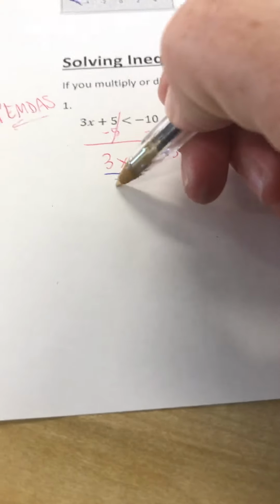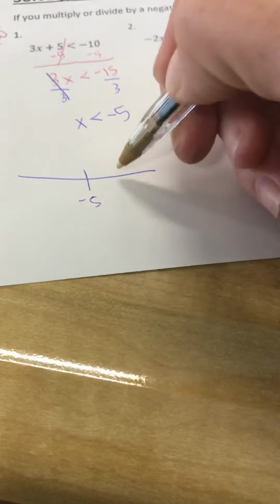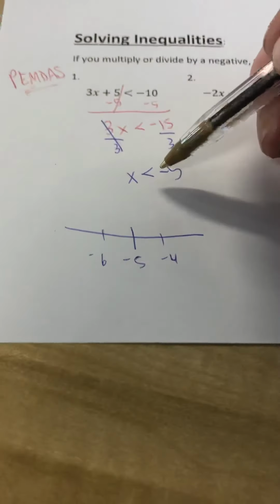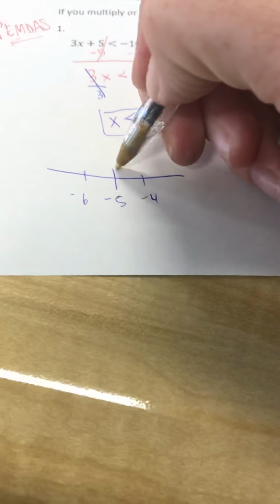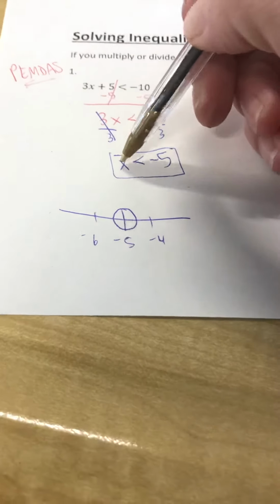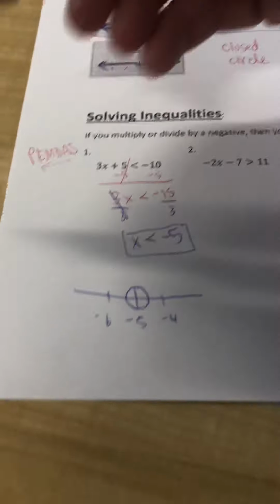Then we want x by itself, so we're going to divide by 3. And so x is less than negative 5. If we had an ordered pair, we have negative 5, negative 4, negative 6. Right here, because there is not an equal sign, we're going to put an open circle at negative 5. And because it says x is less than, we can remember right up here, less than means to go to the left.